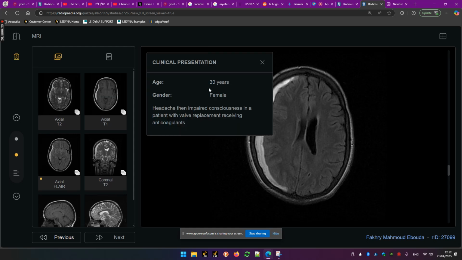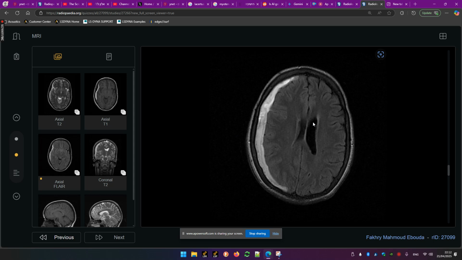Okay, so let's look why this patient came. So it's a female, 30 years old, headache, then impaired consciousness in the patient with valve replacement, receiving anticoagulants. So this patient receives anticoagulants, so it's higher risk for bleeding. Probably bleeding, but it's not from an aneurysm or something like this, because aneurysm would cause some subarachnoid hemorrhage.